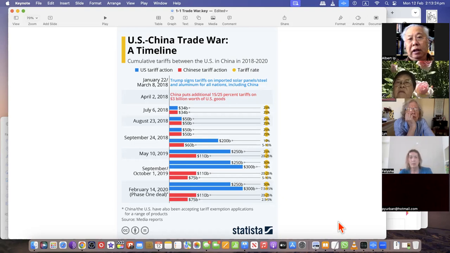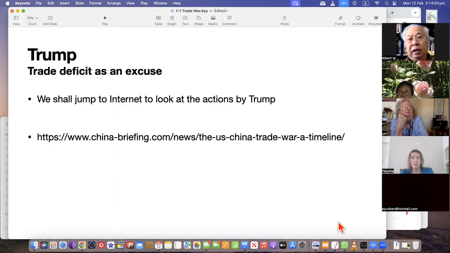Then China cannot match anymore, because the total export of China is going to be used up very quickly if we follow this path. So China can't match the $200 billion worth of imports. So it keeps the 60 billion and then 110, 75, 75. China can't match the amount of imports because of the trade deficit, the trade balance.